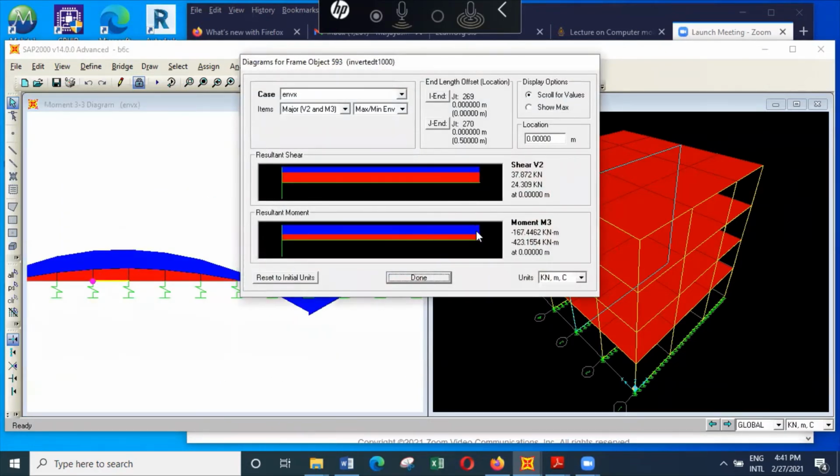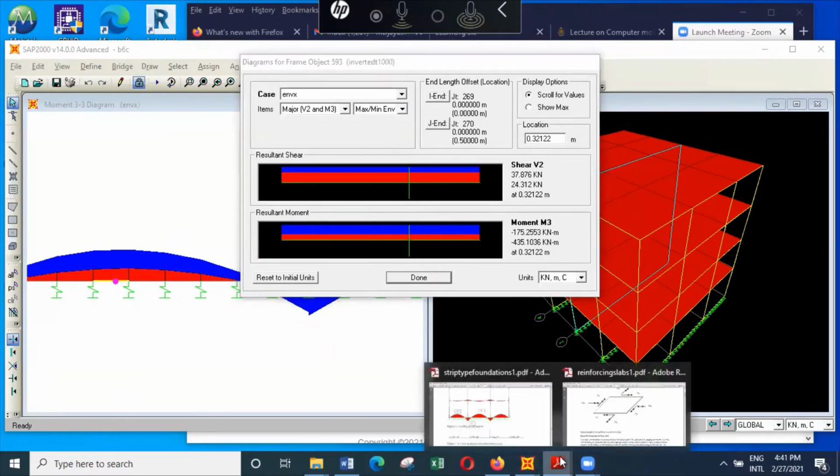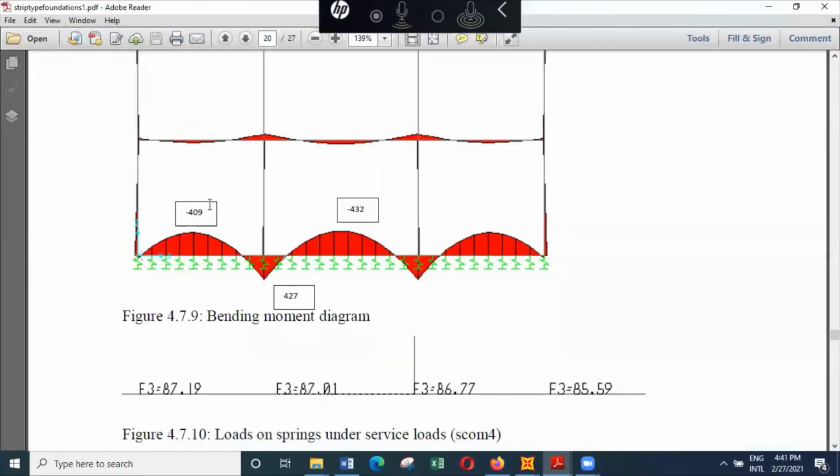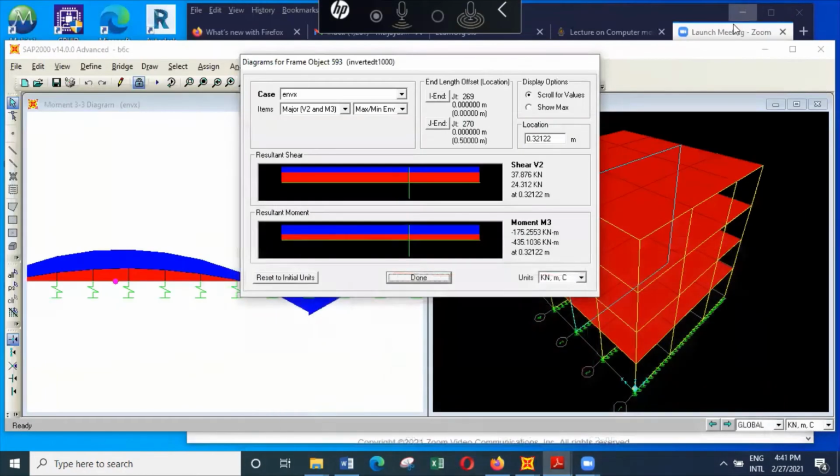They're pretty close. So you can see the maximum moment is about 435, whereas I have used a value of 409 to do the calculation. So you can use these values in the actual calculation. But just to keep things simple, I have used one combination which is reasonably close to the maximum values to do the calculations.